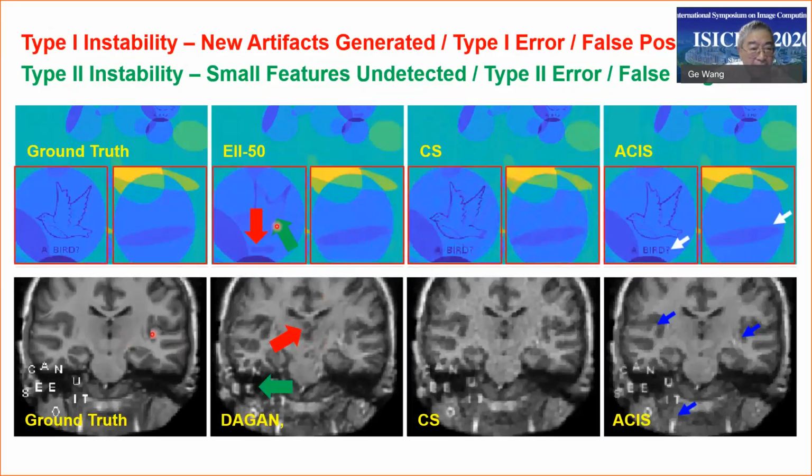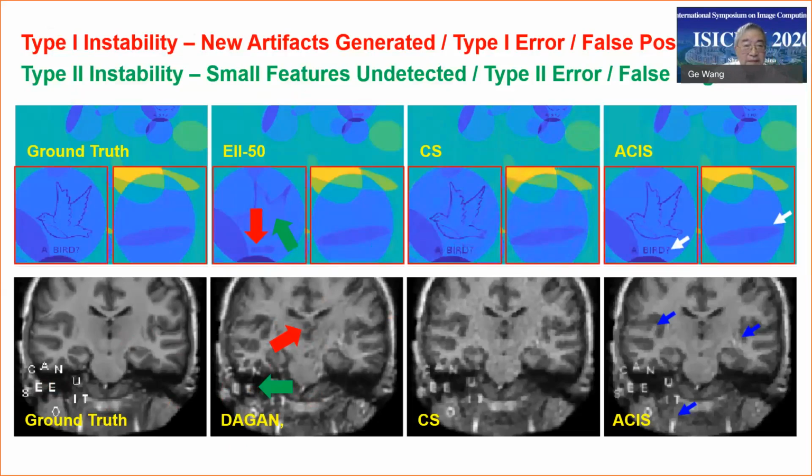Okay, then the PNAS paper authors put, can you see it as a small feature, through deep reconstruction, and these features are gone. So these are instabilities identified by the PNAS paper.